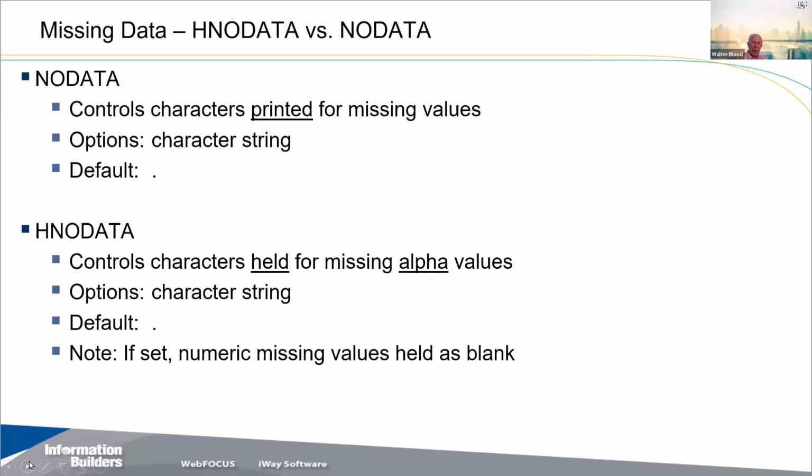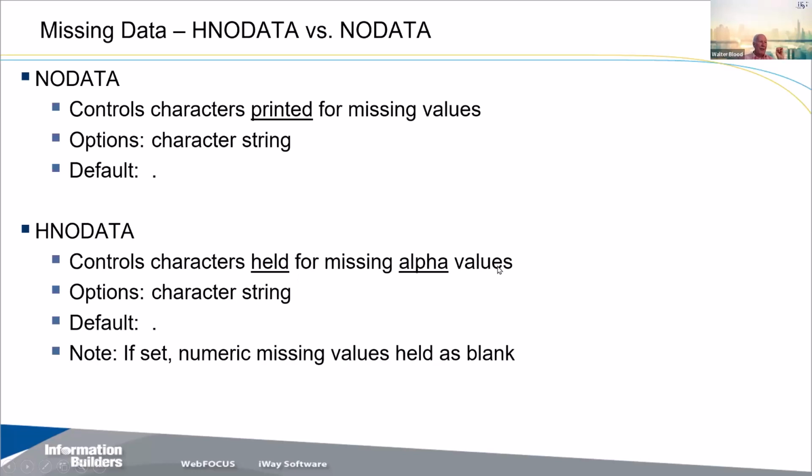NODATA allows me to specify the characters that are going to be used when I represent missing values. It's a character string. The default is dot. You can set it to space. You can set it to anything you want. HNODATA is the control character string held for missing alpha values. This is NODATA for hold files for alpha values, and again it's a character string.